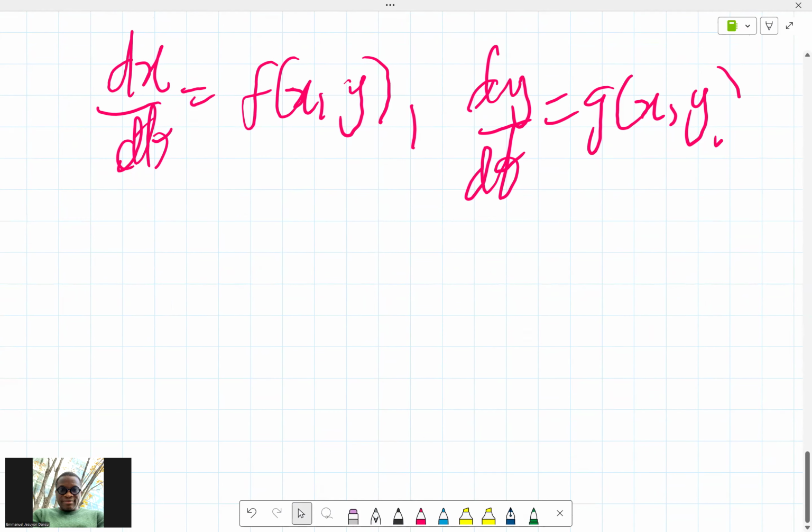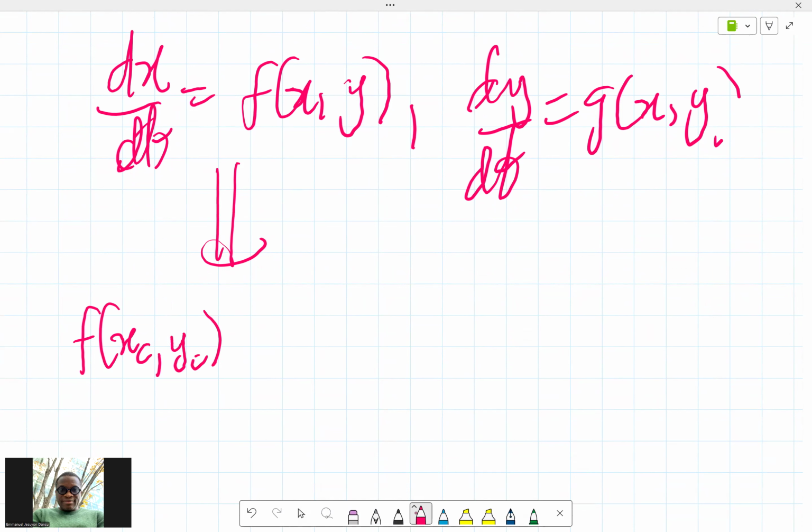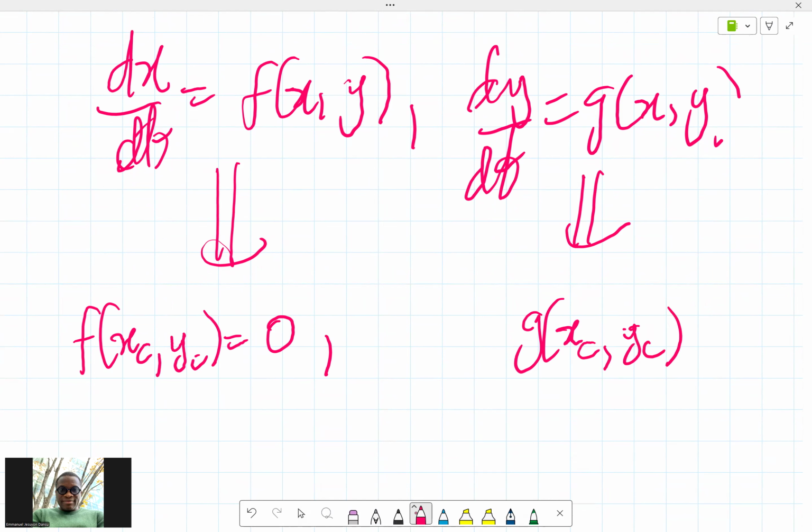The equilibrium point is where f of x_c, y_c, the critical values of x and y, is 0. On the other hand, g of x_c, y_c is equal to 0 also.